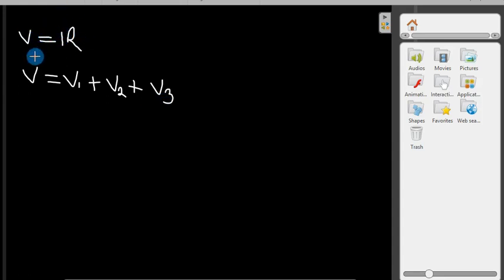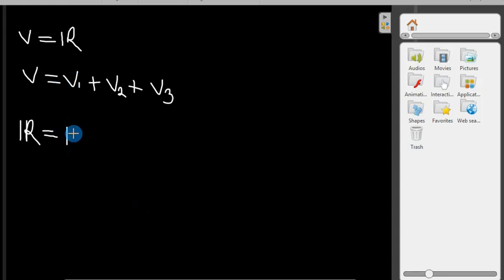Where there is V, we replace it by IR. Since V simply means the total voltage, or the EMF of the battery, we have IR is equal to, instead of V1, since we have said the current will be the same, we say I R1.